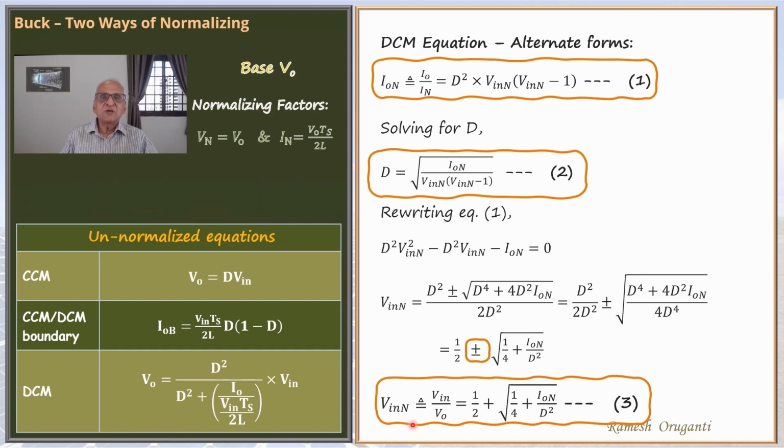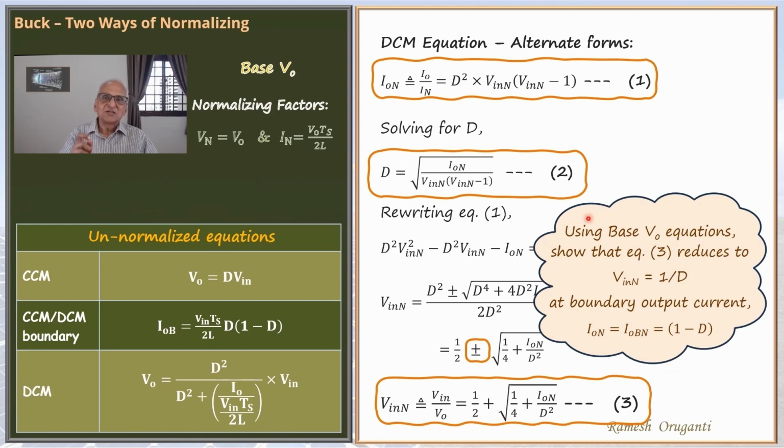Here, using base V naught, please show that equation 3, this equation, reduces to Vinn equal to 1 by D, that is the CCM equation, at boundary current ION equals IOBN equals 1 minus D. Please do that and post it in the comment section.